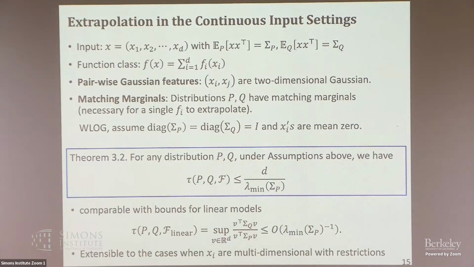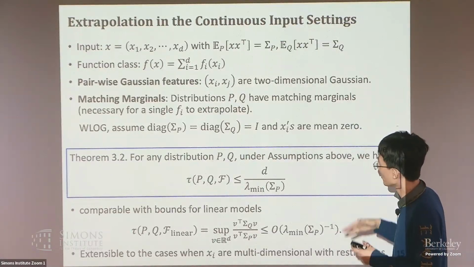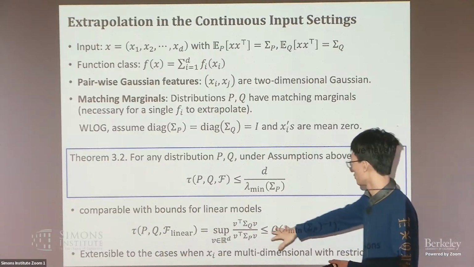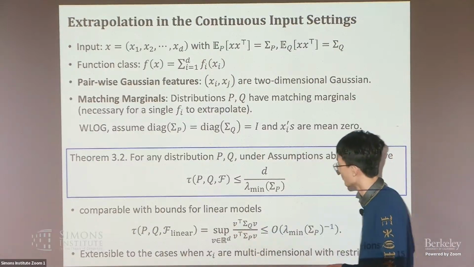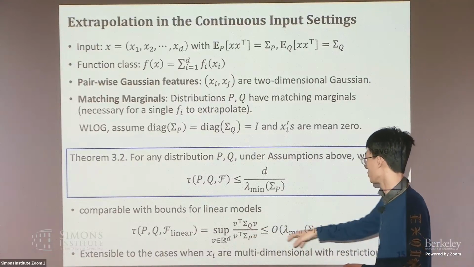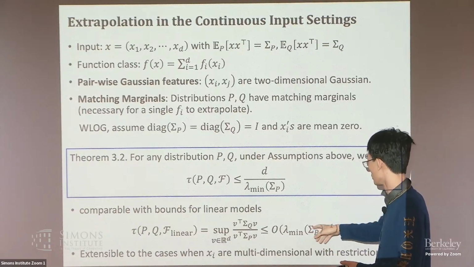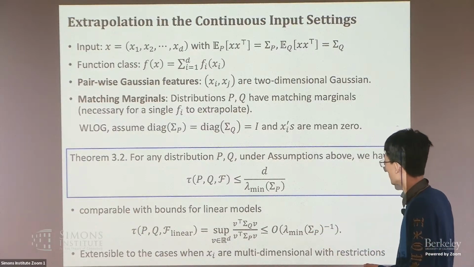Yeah, and I think another thing is that this is somewhat comparable to the bound for linear models, right? If you assume the models are linear, then recall that we can prove the ratio is bounded by this ratio, which, if you assume sigma q is identity or something like that, you can bound by the lambda max of sigma p inverse.